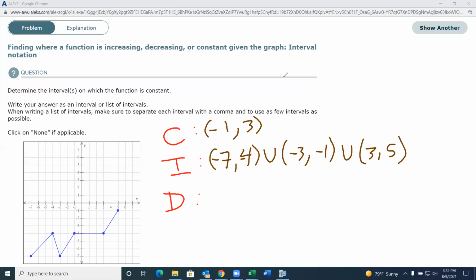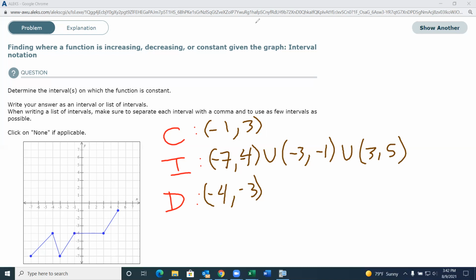All right, and it's decreasing right there from -4 to -3. And I think that's it, actually. Yeah, that's it. Okay, cool. That's how we do it. Now, again, they only asked you for where it's constant, but I thought I'd give you some extra candy there.